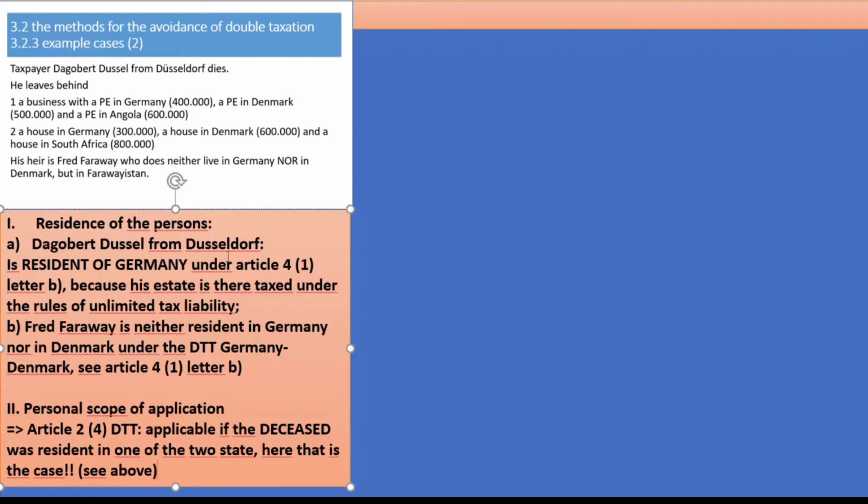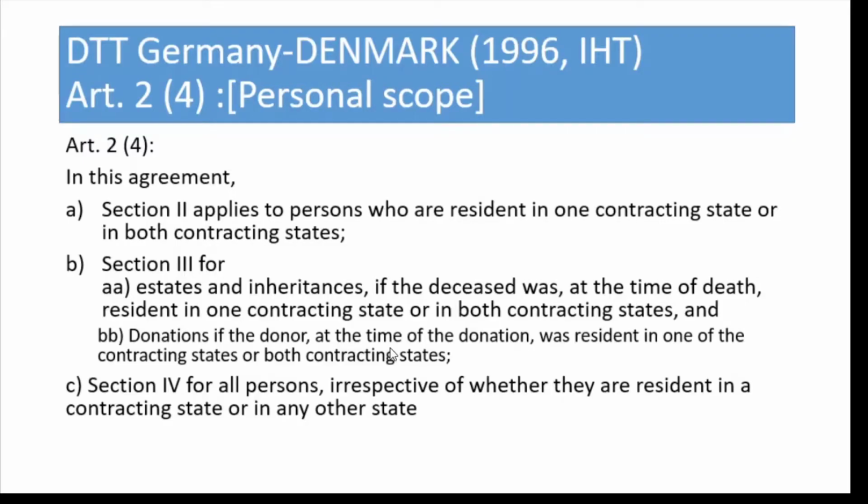We should nevertheless check this again by having a look at the relevant passage of the Double Taxation Treaty, just to be on the safe side, naturally. Yeah, here it is, 2.4, letter B, and then double letter AA. The deceased was resident in Düsseldorf.